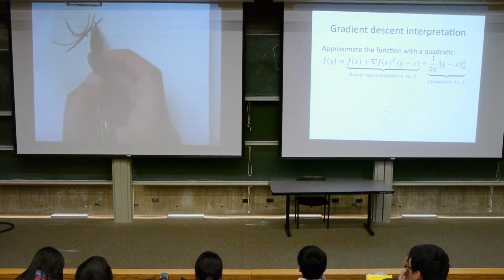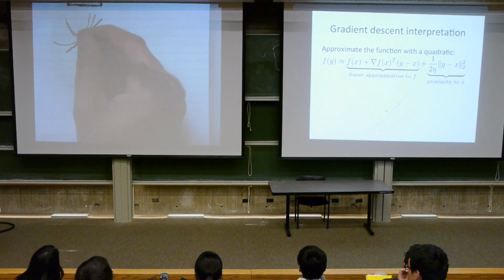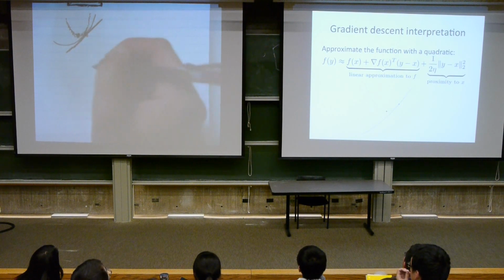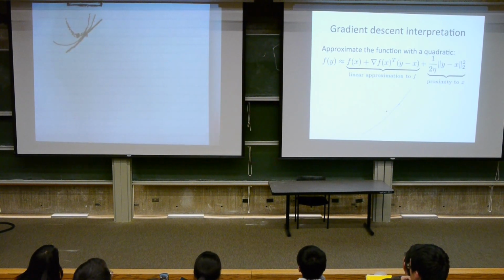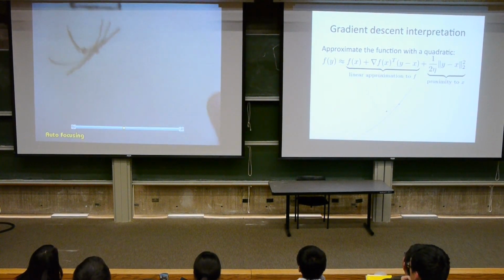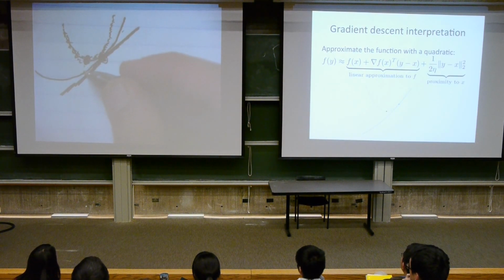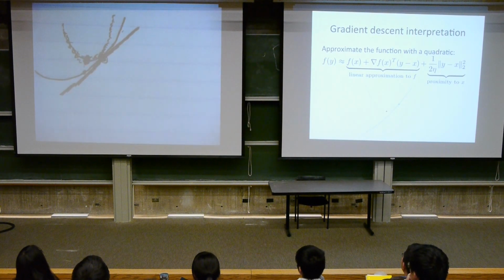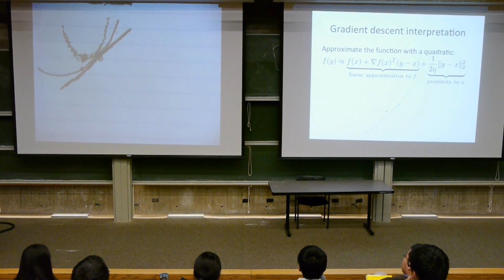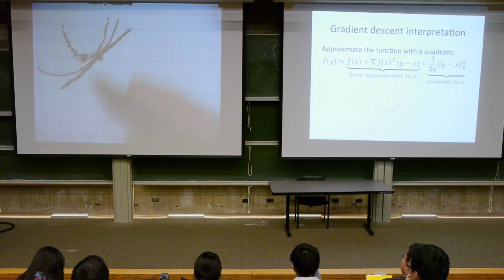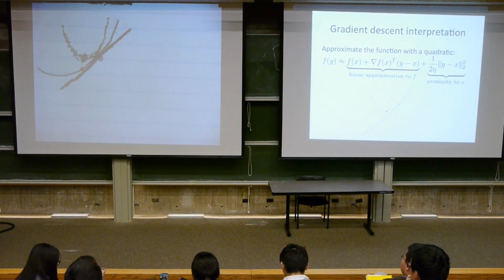And what we do with gradient descent is then we take the minimum of that quadratic. Sorry for this terrible diagram. So we take the minimum of that quadratic and say that's the next point we want to go to. And so we make that our new x. The true value is there, and we repeat. And the curvature of that quadratic is what determines the step size that we're going to do.